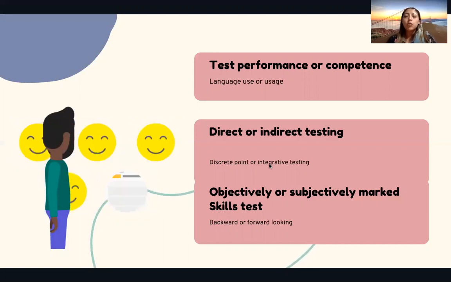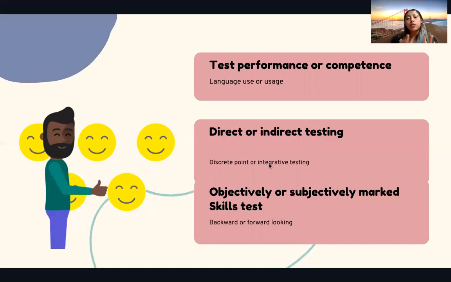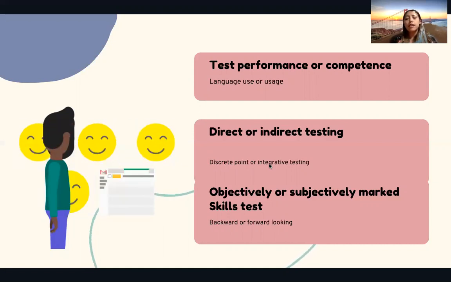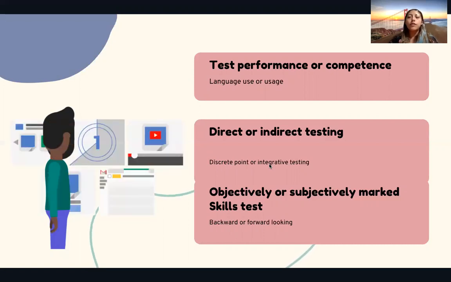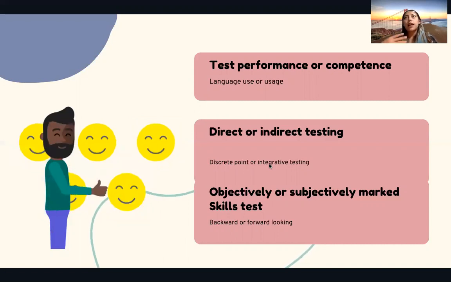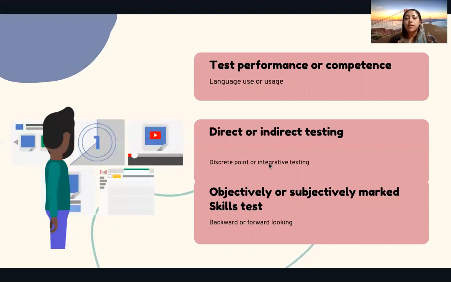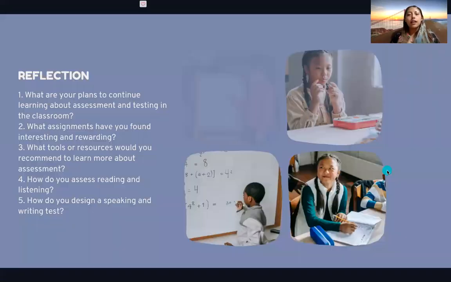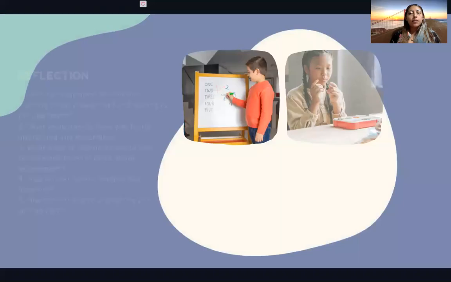The skills that could be tested are of two kinds, receptive and productive. The receptive skills are reading and listening, and the productive are speaking and writing. Obviously, there is a process to test these, and we checked it in the last chapter.